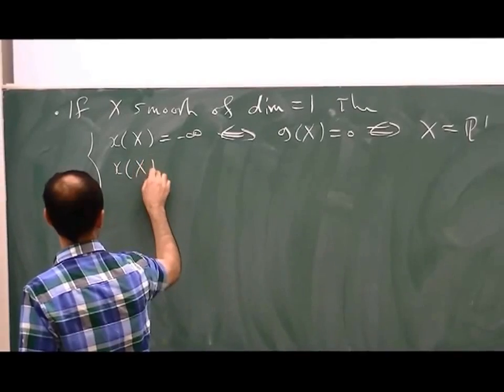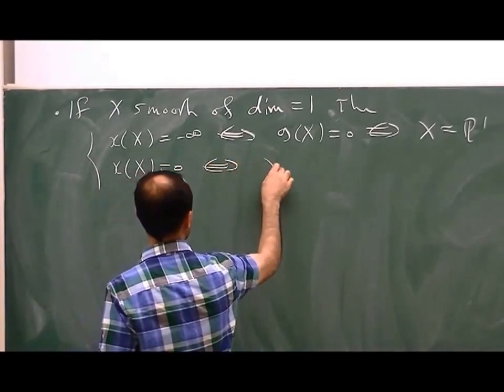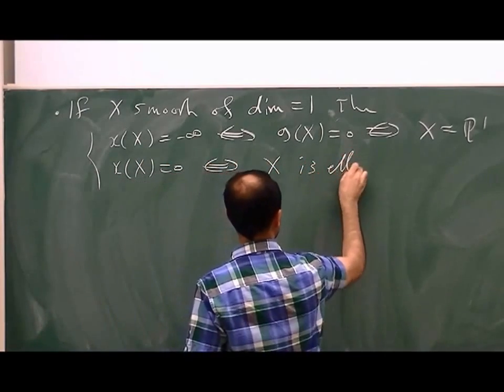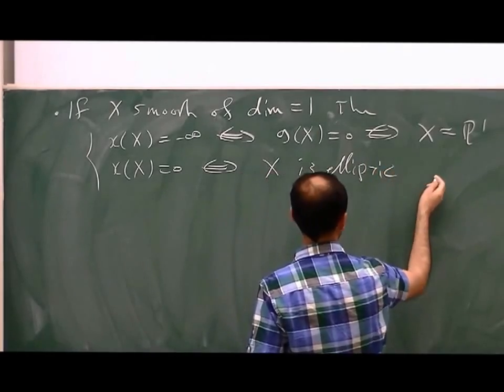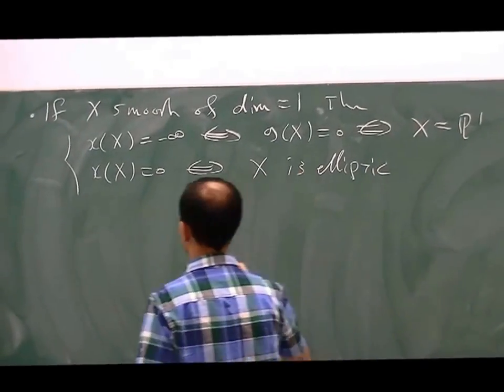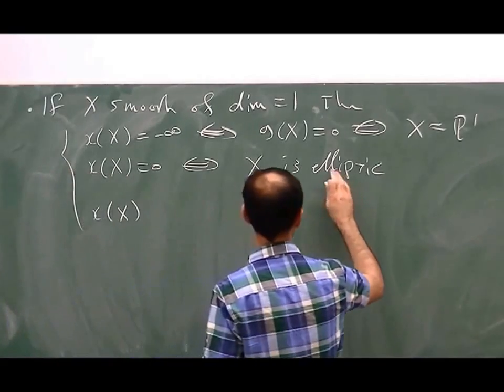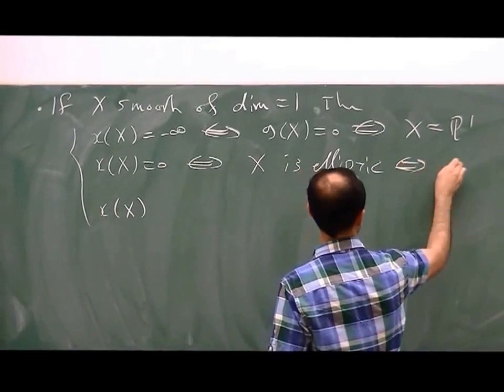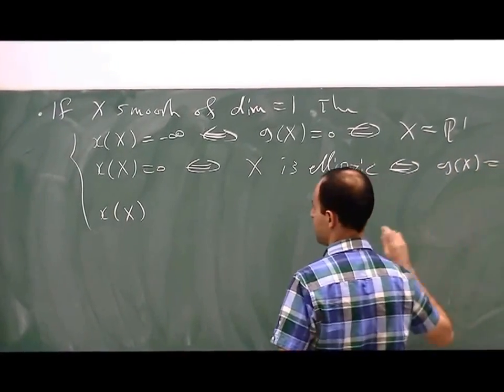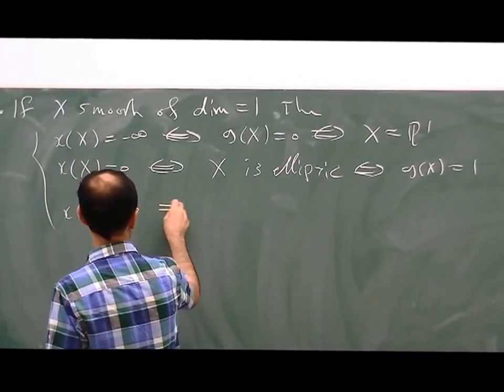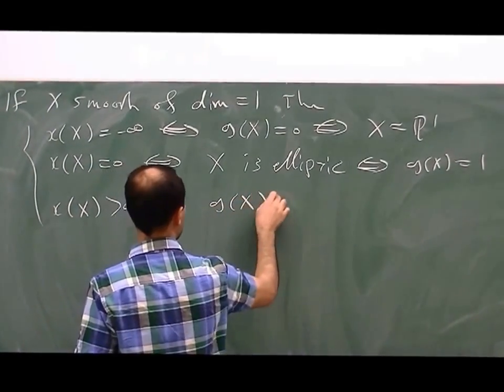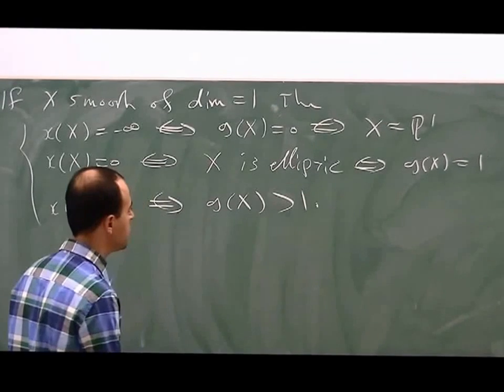And Kodaira dimension 0 exactly means that X is elliptic, so here you have genus 1. Kodaira dimension positive just means that genus is more than 1.